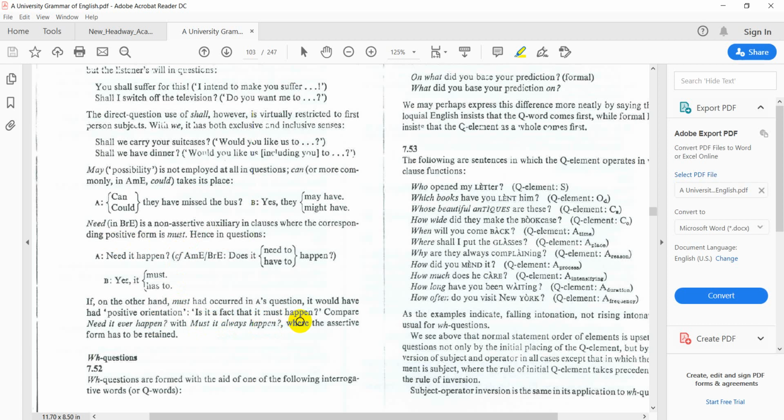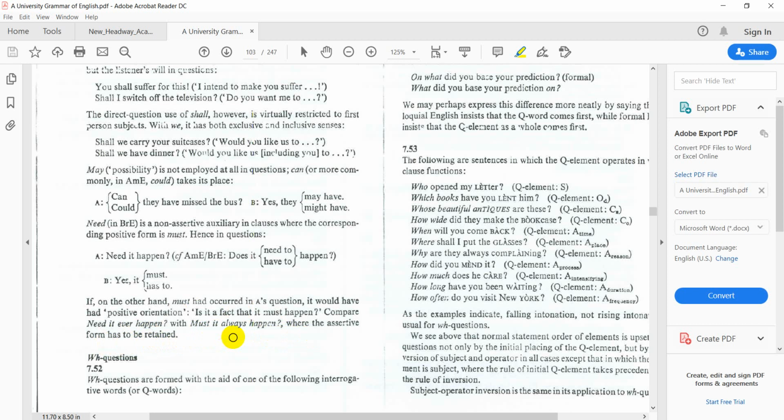Is it a fact that it must happen? See, here I'm asking by must, it means it's true that it has happened. Compare need: need it ever happen, with must: must it always happen, where the assertive form has to be retained with must, of course, because it means positive things.